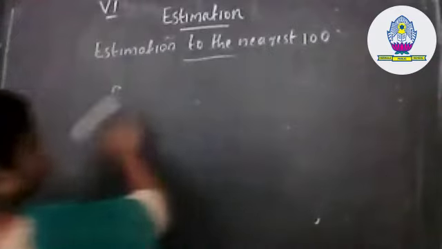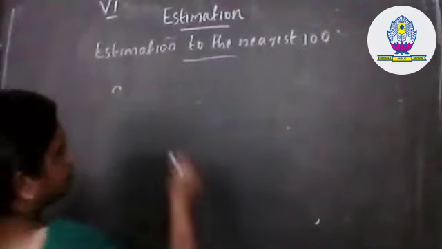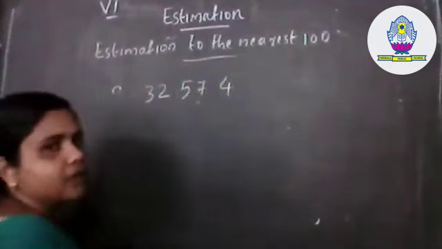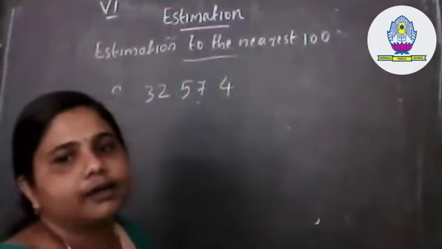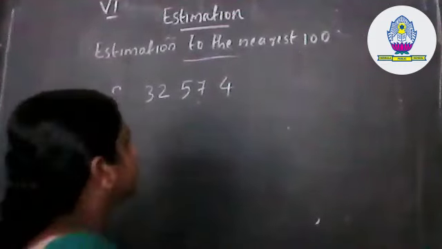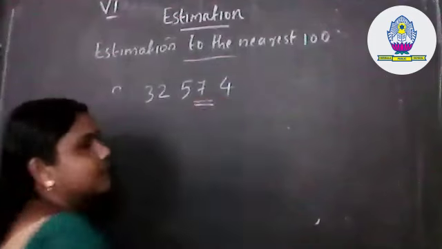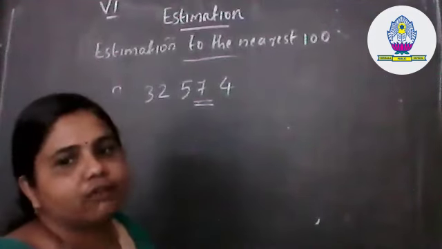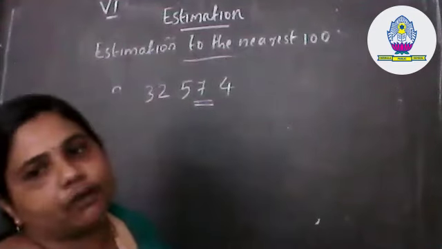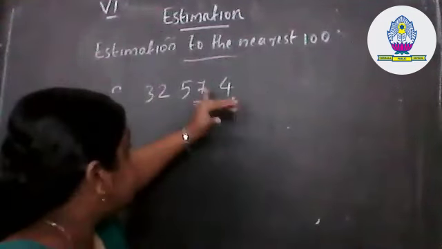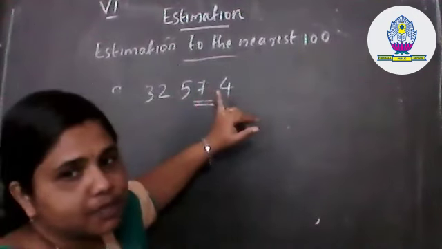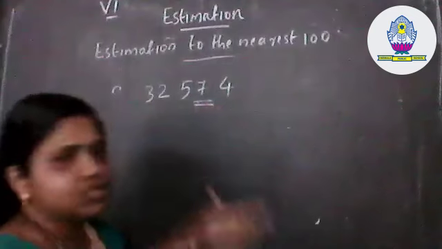Then the next question, 32,574. In this question, the digit in the tens place is 7, which is greater than 5.